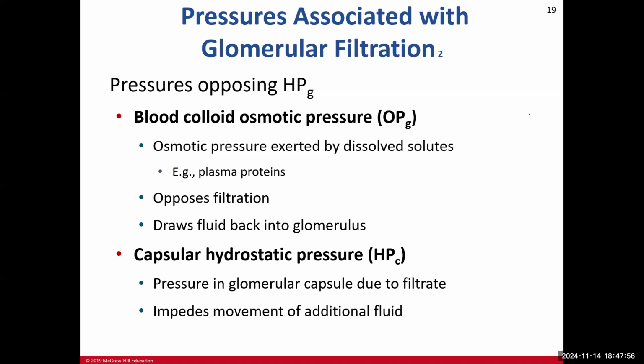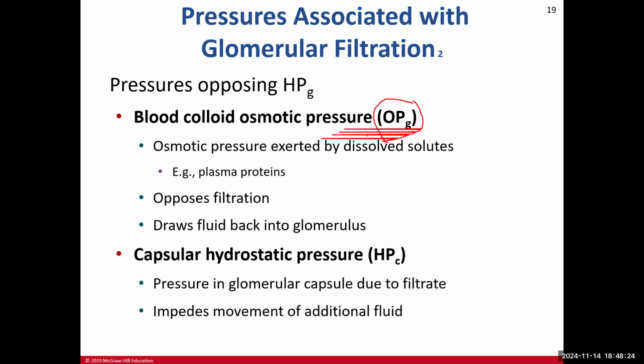Y'all recall, because of the plasma proteins, they're going to try to pull things into the bloodstream. And so here we have our colloid osmotic pressure in the glomerulus, notated as OP subscript G, G for the glomerulus. Again, this is going to oppose filtration.